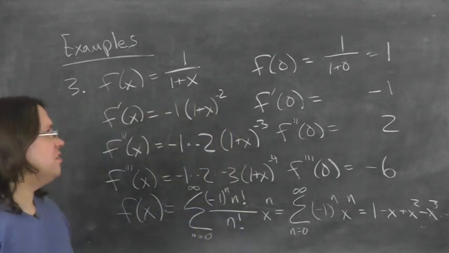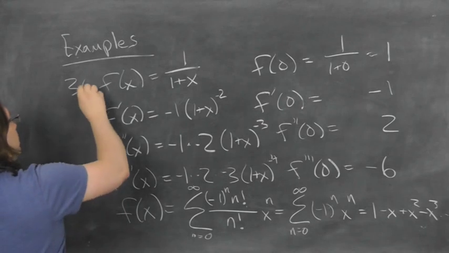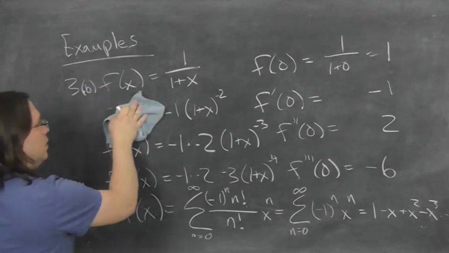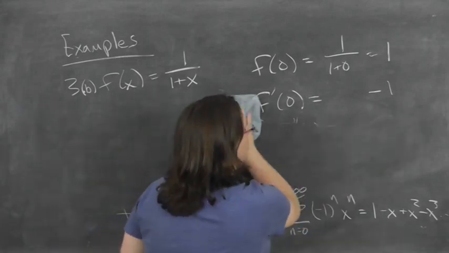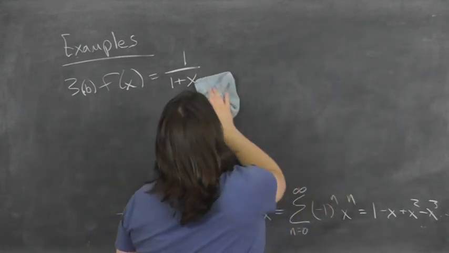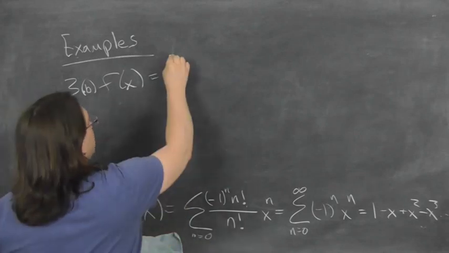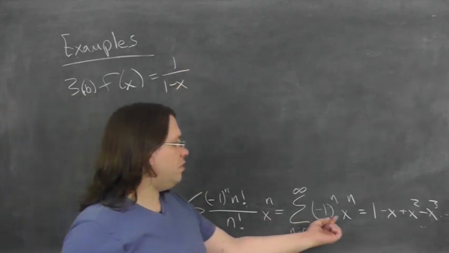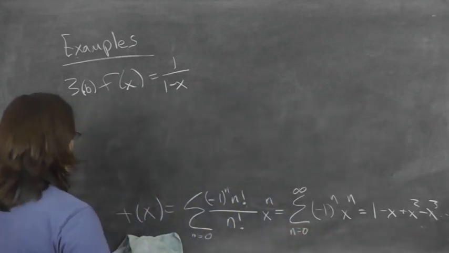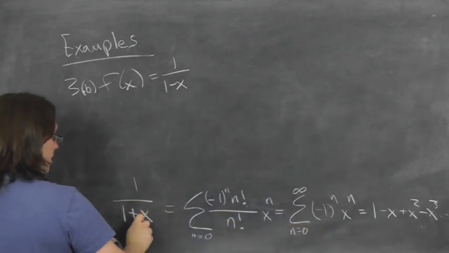We can modify this example very slightly to, instead of being 1 over 1 plus x, let's take 1 over 1 minus x, and that'll get rid of all of these minus signs here. So this was 1 over 1 plus x.